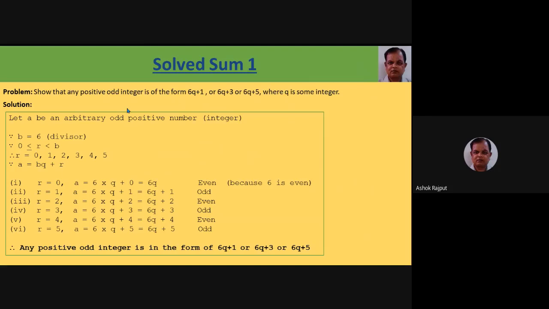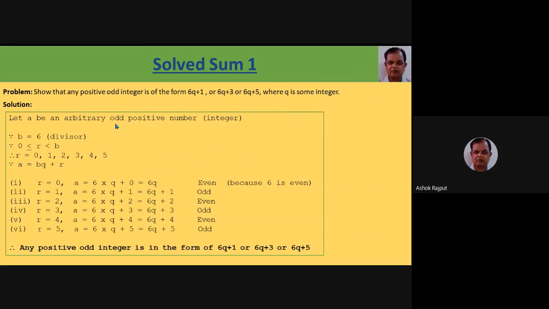Are you seeing here? It is 6q, 6q, 6q. Here 6 is the same everywhere, and it is 1, 3, 5. And 6 is the divisor. Here 1 is the remainder.